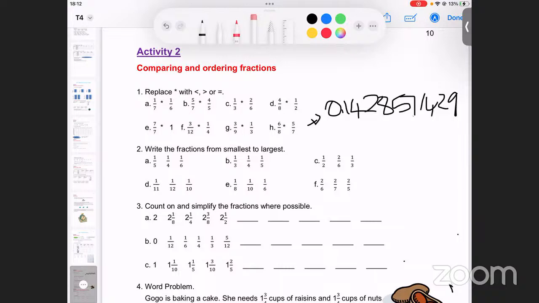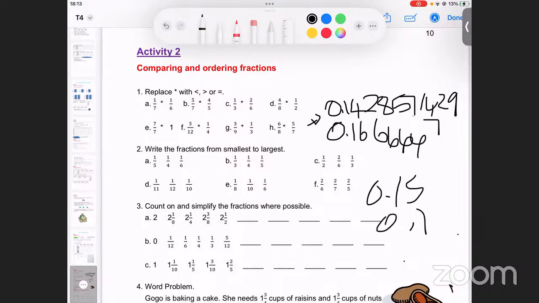Now, Adelaide, how much did you get when you put 1/6 on your calculator? I got 0.166666667. Okay, 0.1667. Okay, cool. So when you have an answer like this, it's the same as, let's just say, 0.15 and 0.17, right?